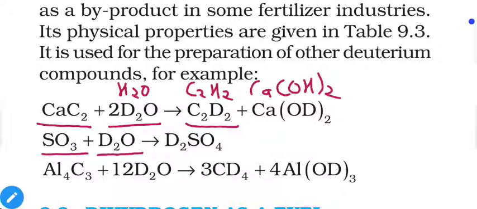SO3 and H2O produces H2SO4. We already know that sulfur trioxide gas with water produces sulfuric acid. Then Al4C3 with 12 D2O produces CD4 and Al(OD)3. That means it produces methane and aluminum hydroxide.